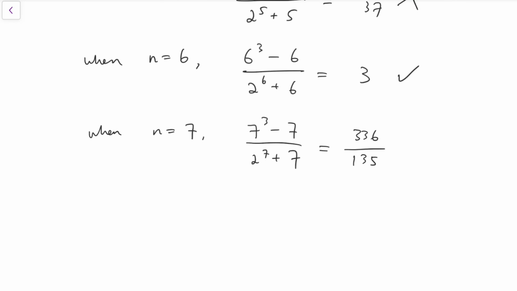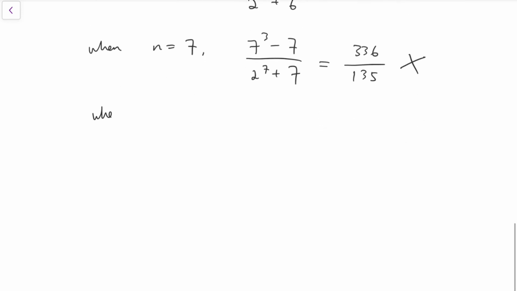I'm not going to simplify the fraction for n equals 7, but we know that it's not going to be an integer. And actually, similar things will happen for n equals 8 and n equals 9.